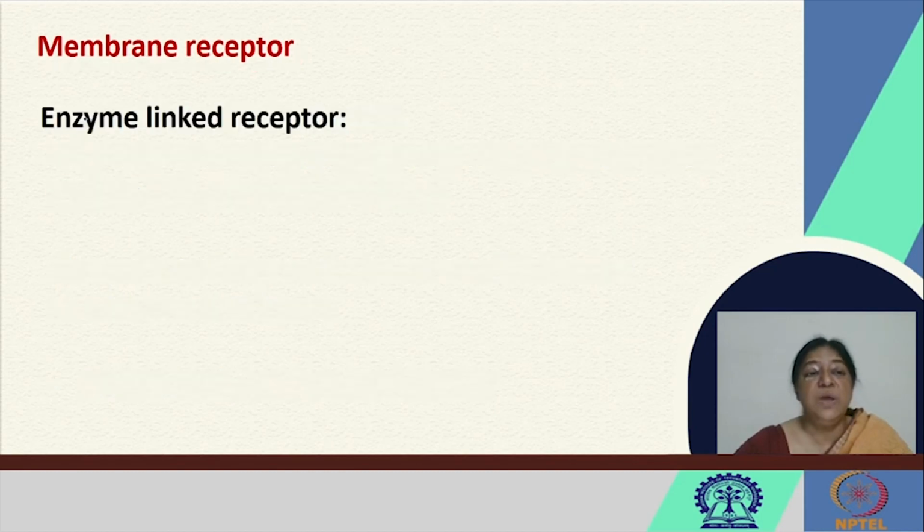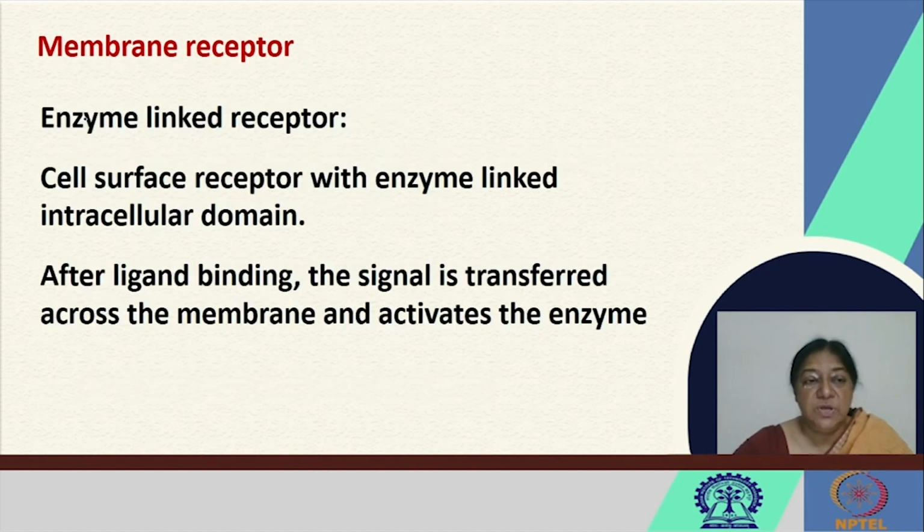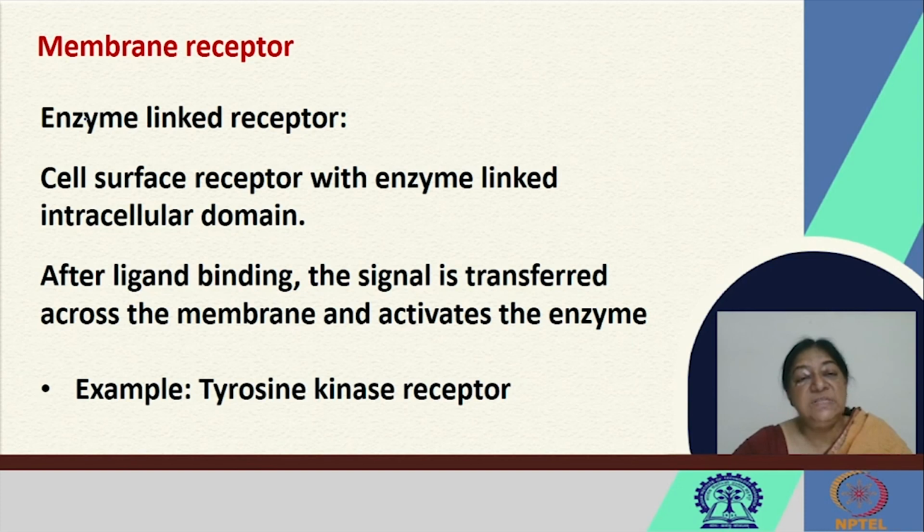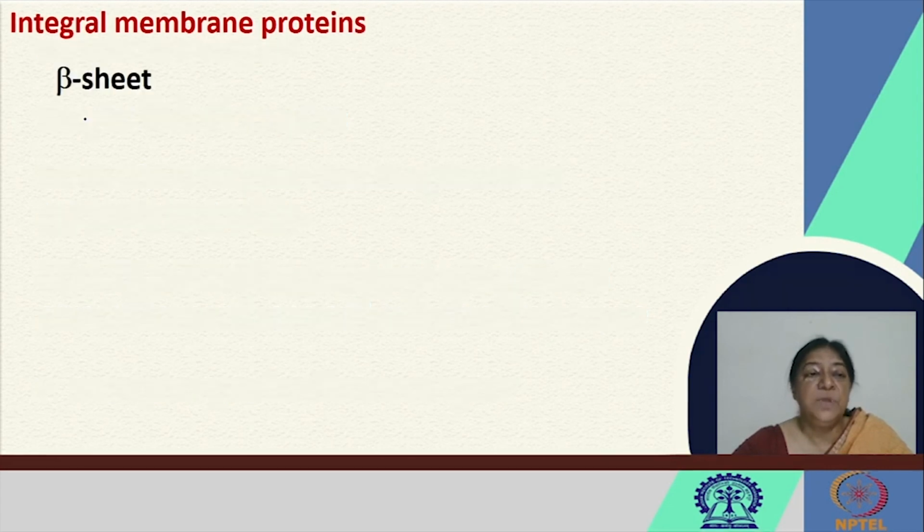Another type is the enzyme linked receptor, where the cell surface receptor has an enzyme linked intracellular domain. After ligand binding, the signal is transferred across the membrane, and this activates the enzyme into performing its function. An example is the tyrosine kinase receptor, where there would be a phosphate transfer involved.